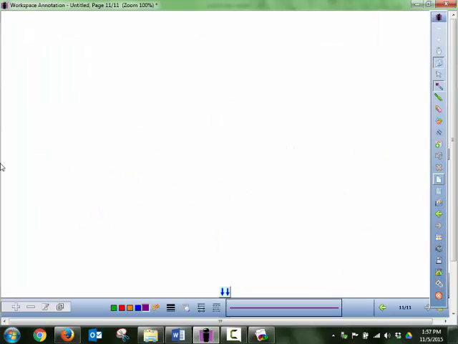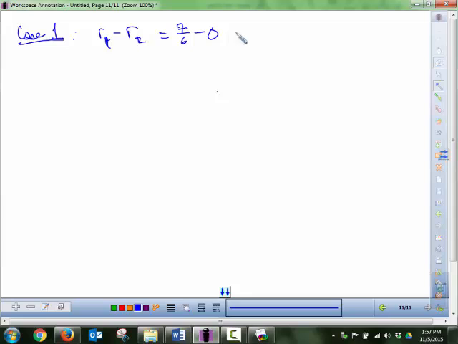So let's just write out our 2 possibilities. So case 1. Oh, by the way, I didn't check, but it's clear, right? The difference between them, r sub 2 minus r sub 1, or r sub 1 minus r sub 2, it doesn't really matter, is 7/6 minus 0, which is 7/6, which is not an integer.